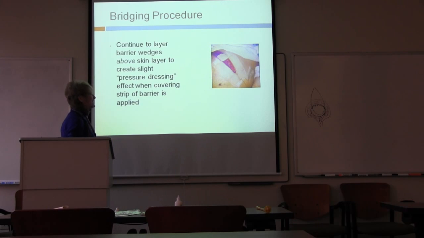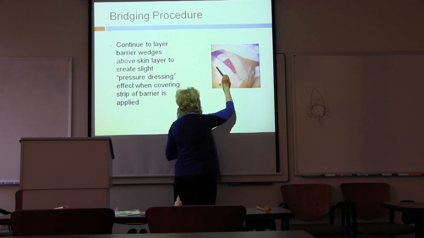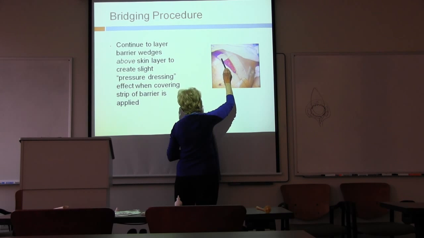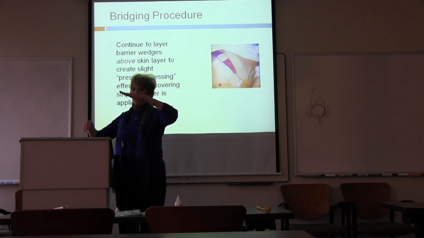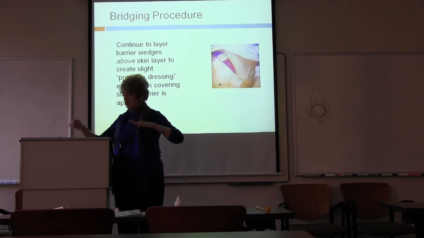So, we came back and we modified our approach. And we brought all of our barrier strips, we filled the wound right in this area with barrier wedges till we got to skin surface. But then we added 2 additional strips so that we came up to skin level, but then we built it up a little bit. We added some additional strips so that we had a little bit of a pressure dressing effect.